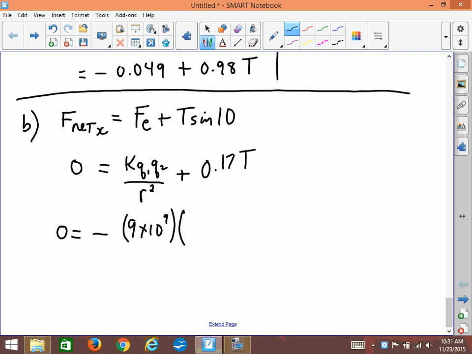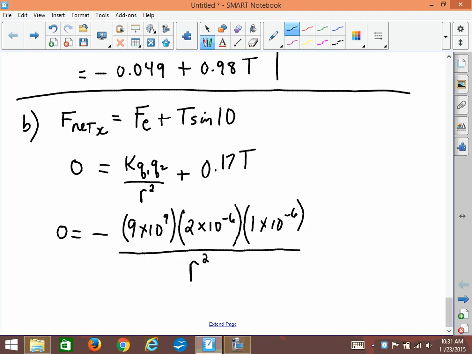They were 2 microcoulombs, 2 times 10 to the negative 6 for the spider, and the wall had a charge of 1 times 10 to the negative 6. What we're trying to figure out, of course, is how far away the spider is from the wall. So if we multiply the top of this out, we get 9 times 10 to the 9, multiplied by 2 times 10 to the negative 6, multiplied by 1 times 10 to the negative 6, equals about 0.